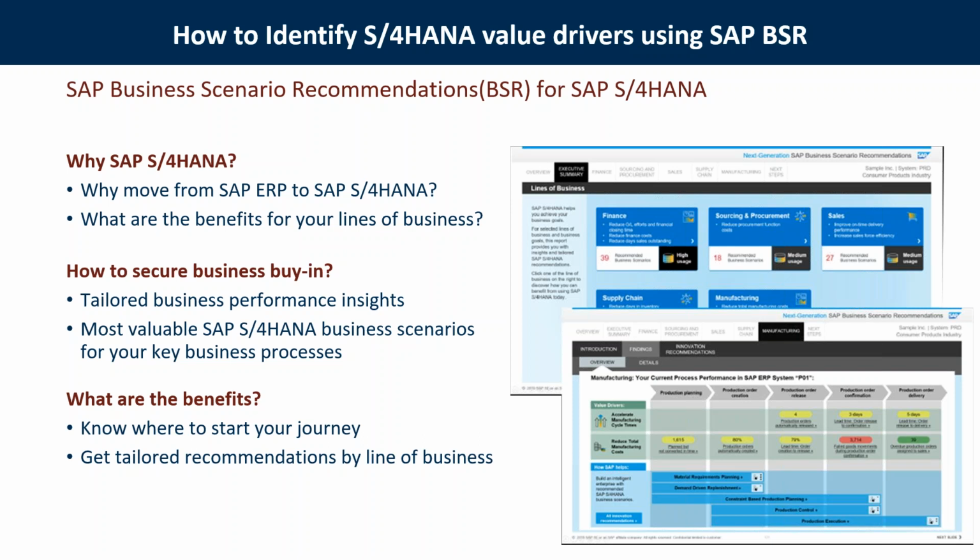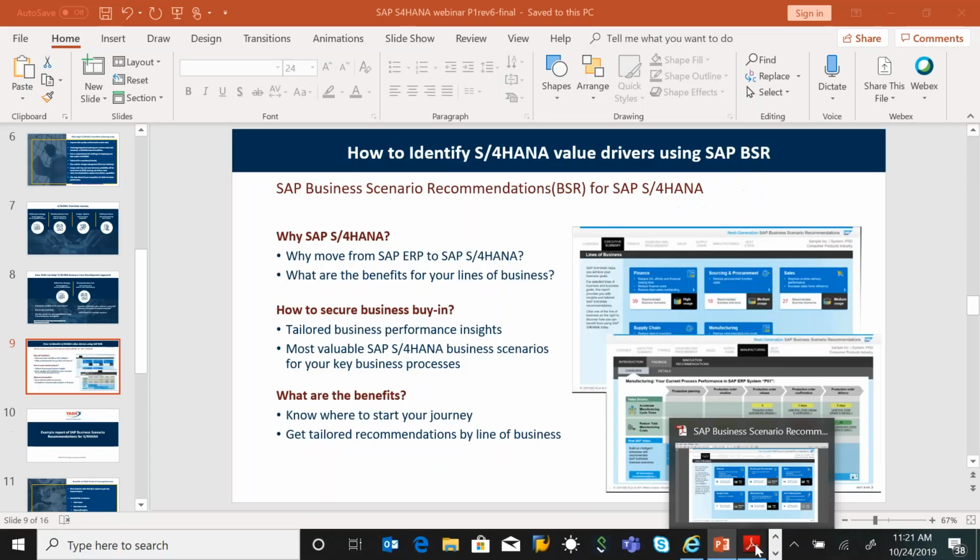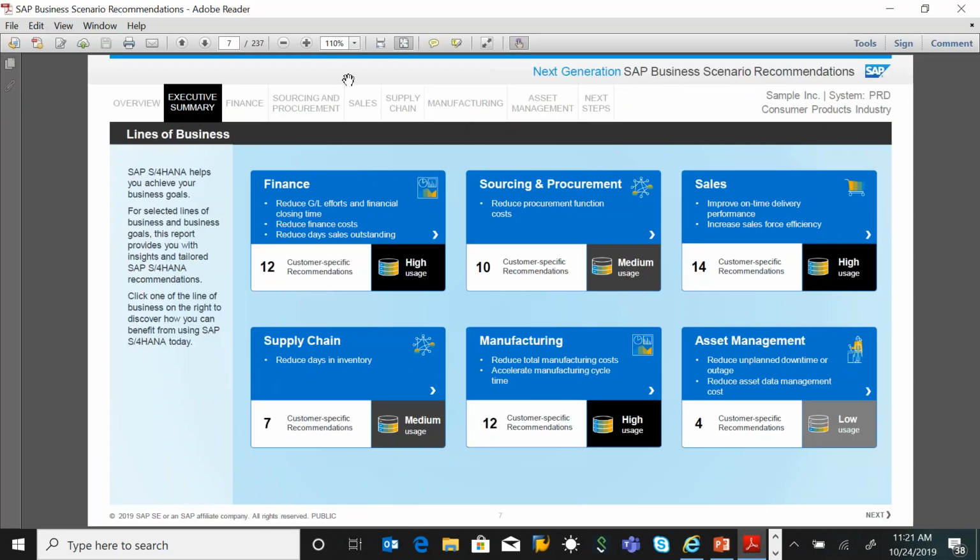Let me quickly jump into the tool. This is just an example of the final result of the business scenario recommendation. How the tool works is it takes all your production usage data and compares it with benchmark data SAP has collected over a period of time.